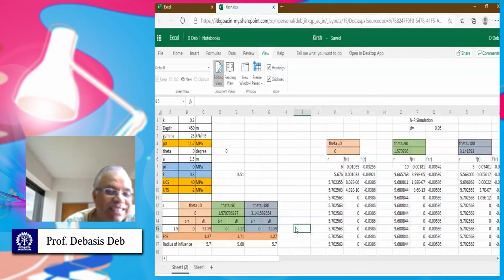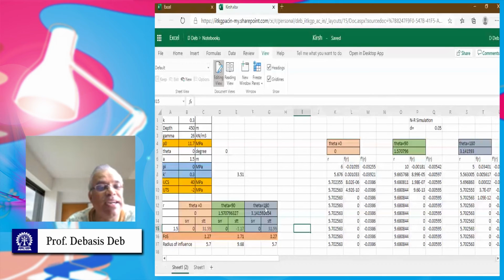So your sigma theta theta is in tension and acting horizontally. Here it is vertical, the sigma tt direction. Here it is horizontal, right at 90 degrees. So it is trying to break the rock in tension, or fracture the rock.